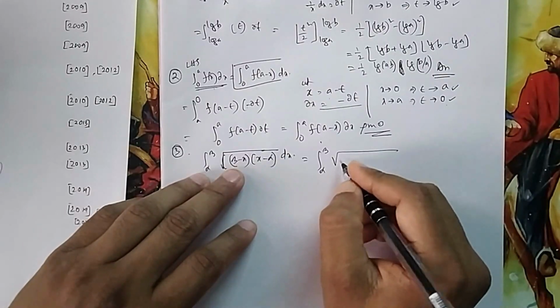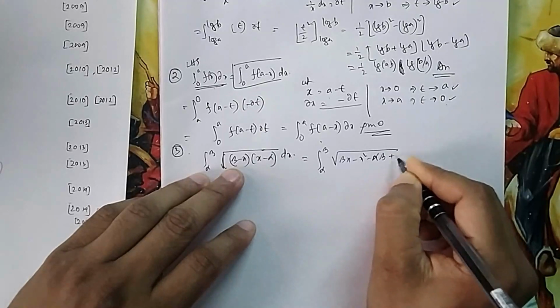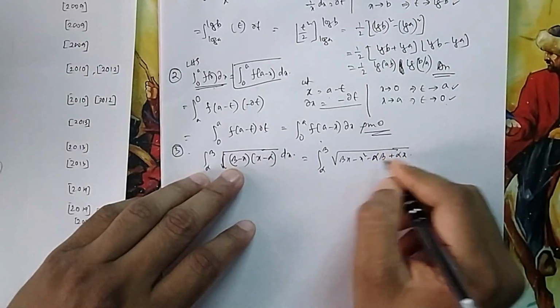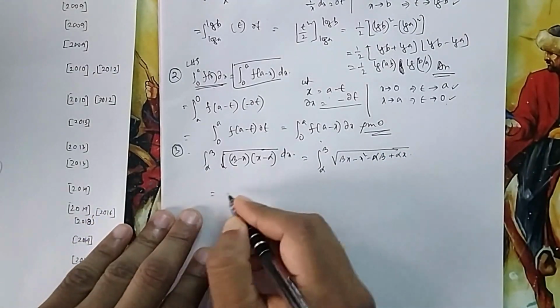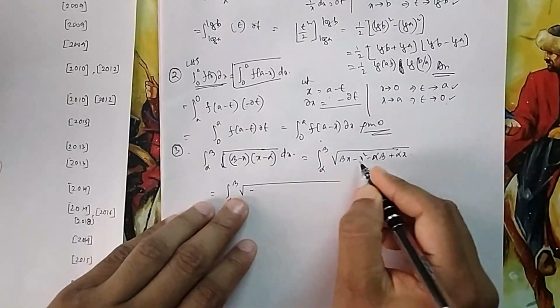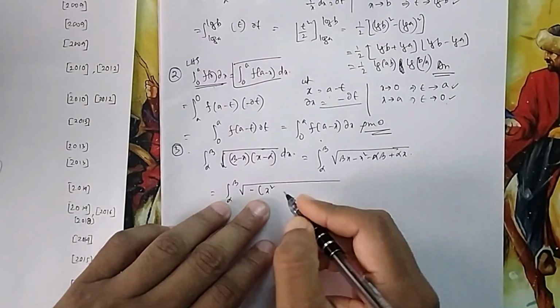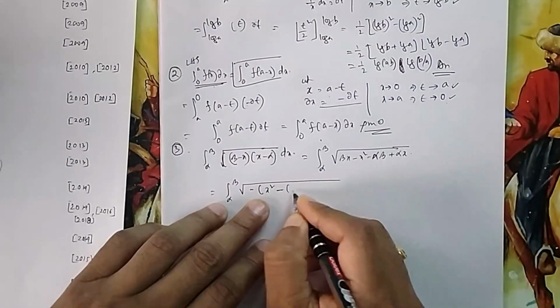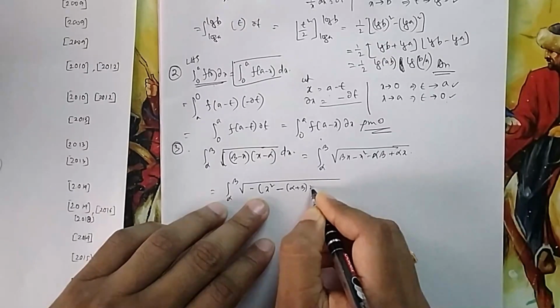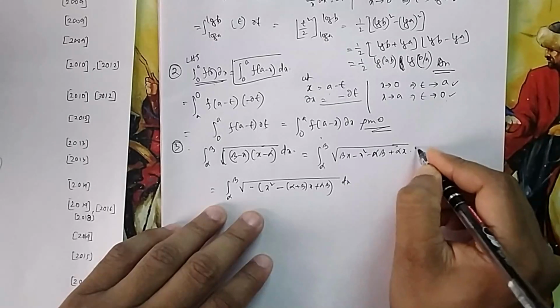If you open it, it will be beta x minus x square minus alpha beta plus alpha x. If you complete it to make it a perfect square, because your quadratic term x square should be alone, you have to take this minus common. Then it is minus of x square minus (alpha plus beta) into x plus alpha beta, dx is always there.